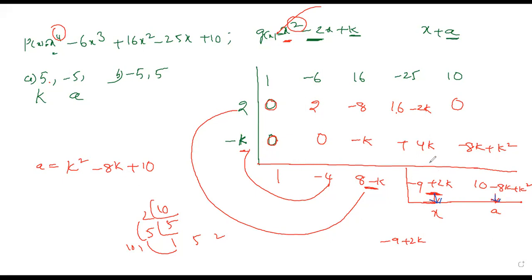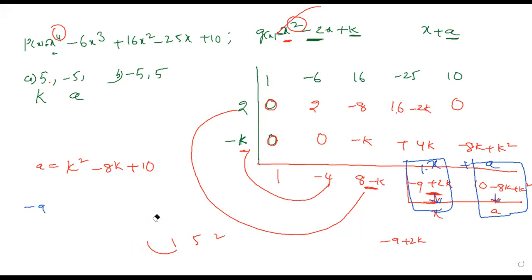According to the question, they said x plus a is the remainder. Now this is our remainder, and this is the x coefficient. The x coefficient we have is 1, but when solving we are getting minus 9 plus 2k. That means minus 9 plus 2k is equal to 1.